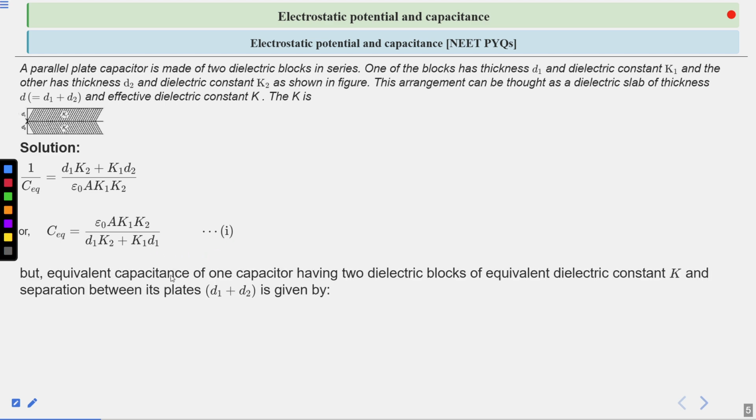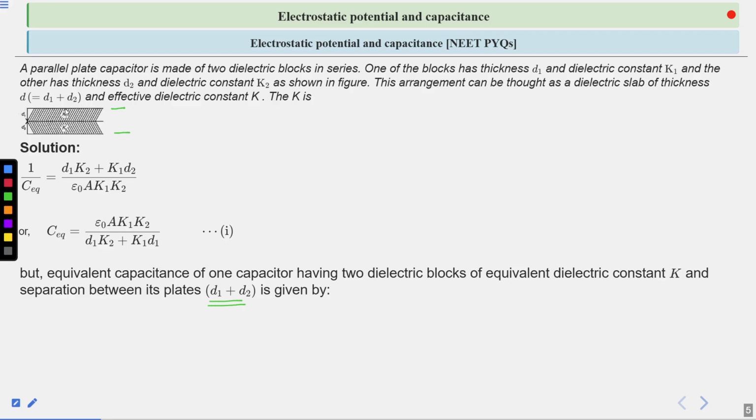But the equivalent capacitance of one capacitor having two dielectric blocks of equivalent dielectric constant K and separation between its plates D1 plus D2 is what is given in the question: it is one capacitor only, having two dielectric blocks with equivalent dielectric constant K.